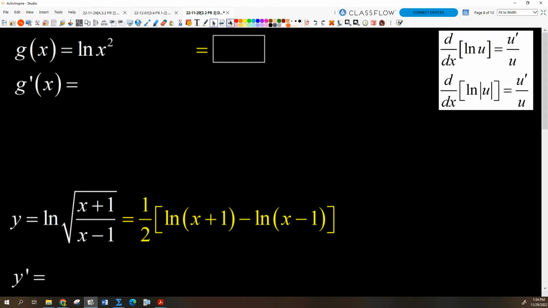The derivative of log u equals u prime over u, right? Okay. So what's that going to give me? What's u prime? 2x, right? The derivative of x squared is 2x, over x squared. Well, what's that equal to?